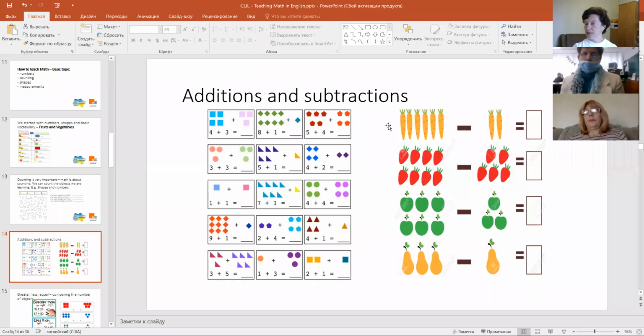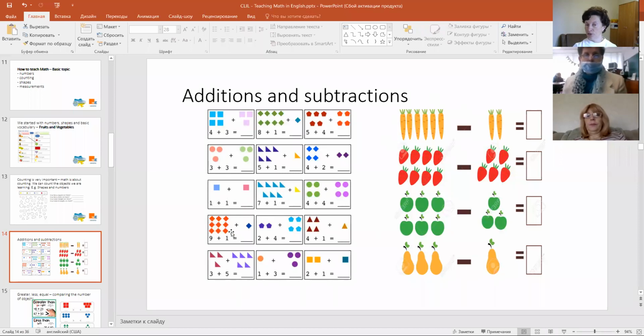The same is with the next worksheet. They count the carrots and they can either tell numbers or they can use carrots. This is a very simple but a very good activity because kids get excited with counting.